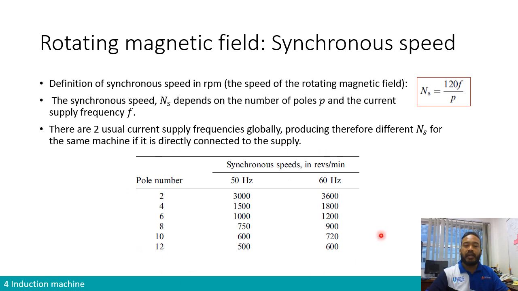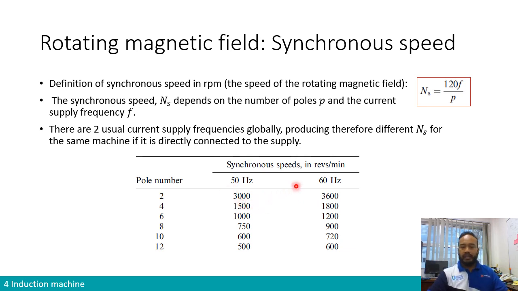So this is a table that shows you the usual number of poles combinations with the frequency, therefore producing a different speed. So for example, the same machine that has 2 poles, if you use it in Malaysia and directly connect it to the wall supply, then you will be producing 3,000 RPM of rotation. 50 hertz produces 3,000 RPM.